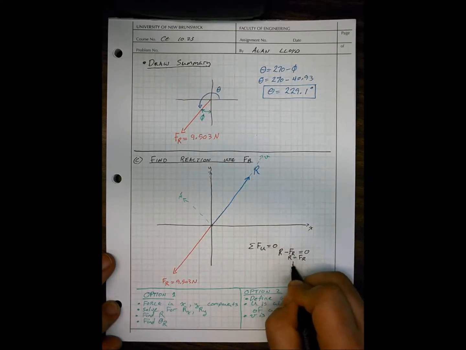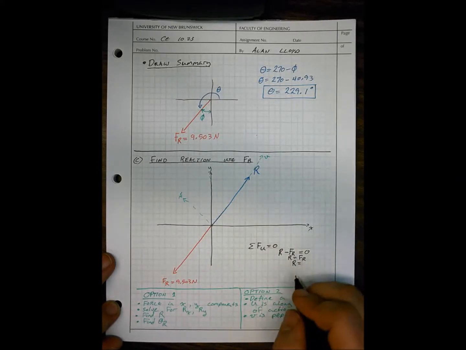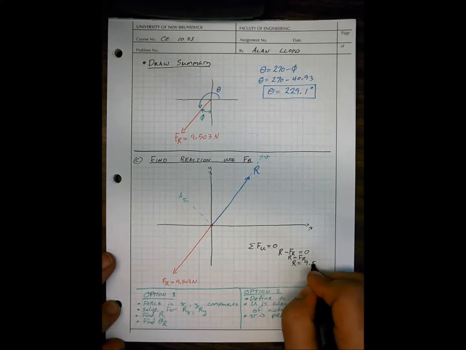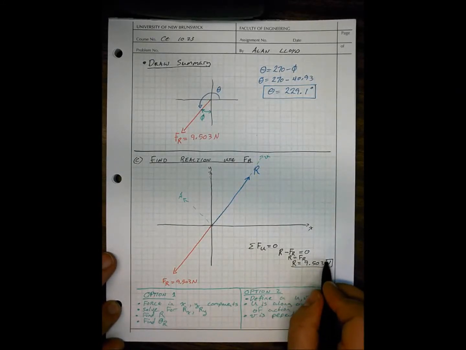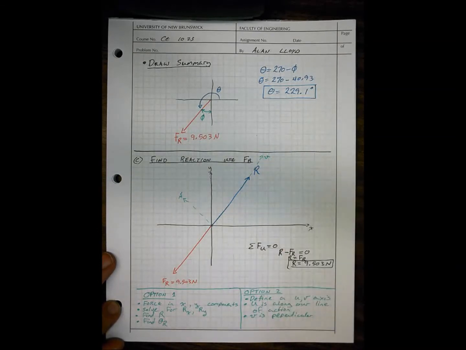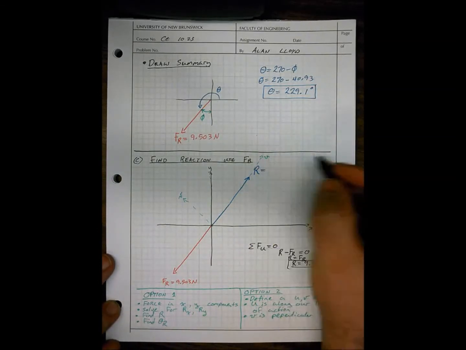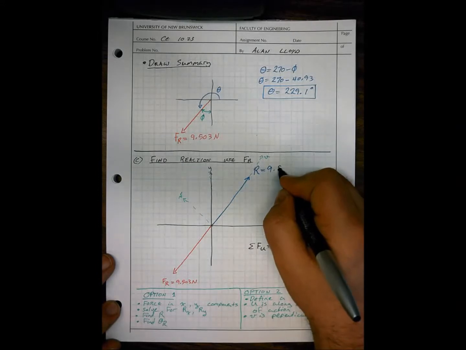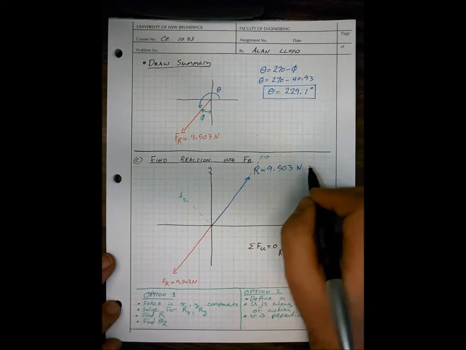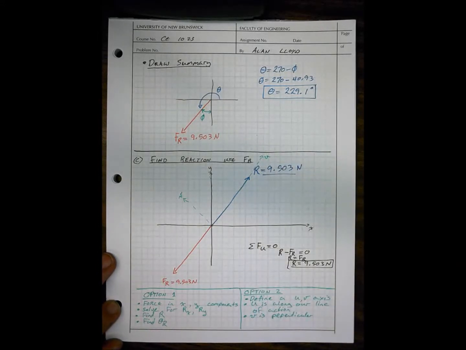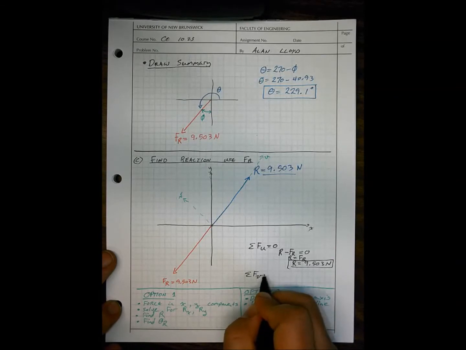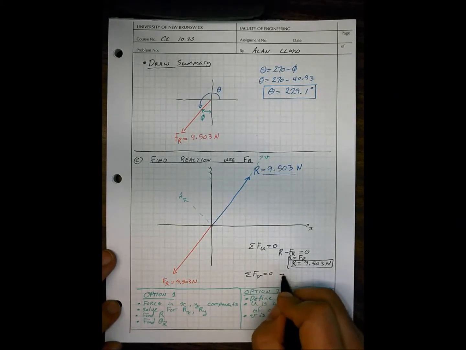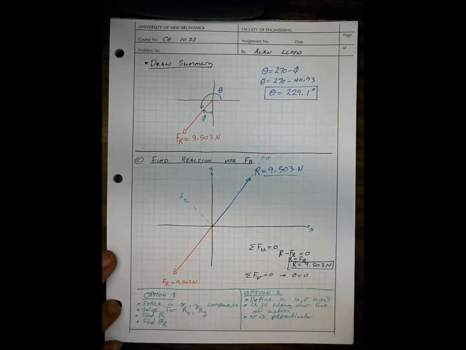R is equal to 9.503 newtons. So we've solved for the magnitude of that. Now it was obvious just by observation, but nonetheless we've shown it mathematically. For completion's sake, let's take sum of forces in the v direction is equal to 0, and we could just say that 0 is equal to 0. There's no forces in the v direction.